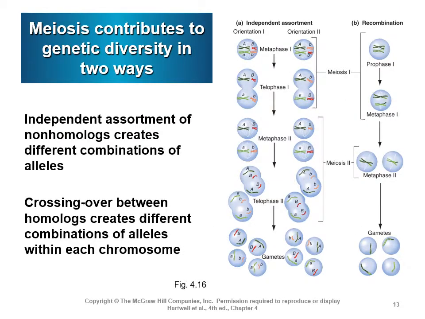There are two ways that we can get variation in genes. One is the independent assortment of non-homologs, which will cause the combination of different alleles, and also the crossing over between homologs will bring variation.